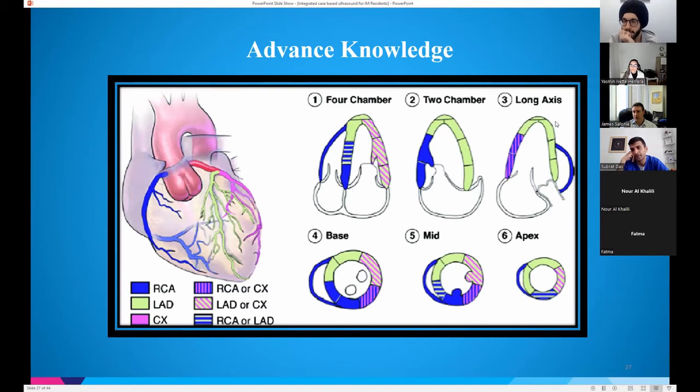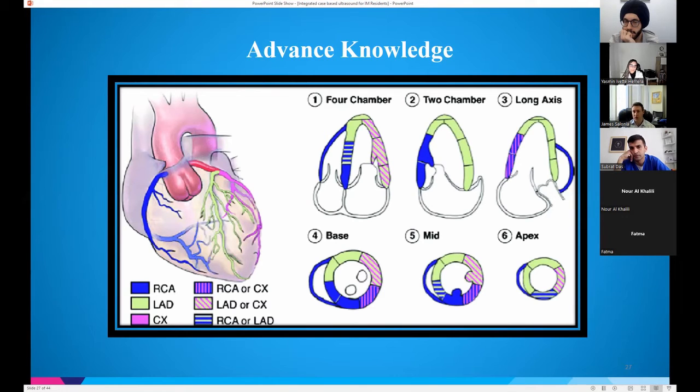This is my anteroseptal wall, and this is my inferolateral wall. So different coronary perfusion, and you can look for these wall motion abnormalities. Just as important is then taking it towards a short axis and looking at the different areas of the wall. We did that with the previous echo. Then you'll be able to isolate to some extent where you think there might be deficits in coronary perfusion.